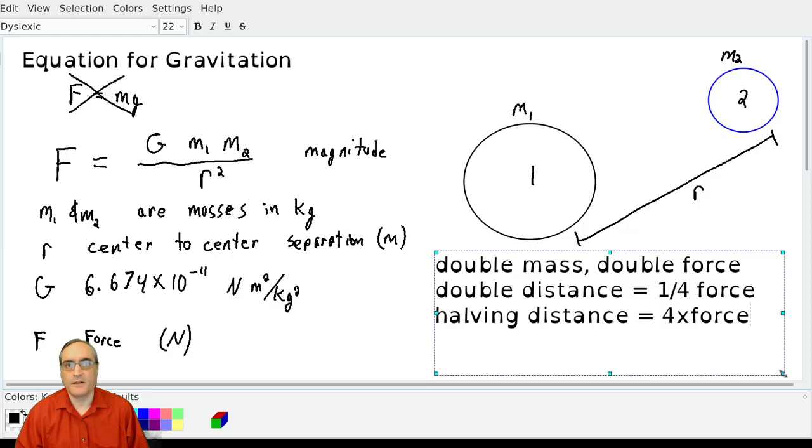So it falls off relatively rapidly with distance, but I'll point something else about this equation. It's over r squared. Where would this equation go to 0 if we keep increasing the distance? And of course, the answer to that is effectively infinity. We'd have to go really far away before gravitation would fall to 0.